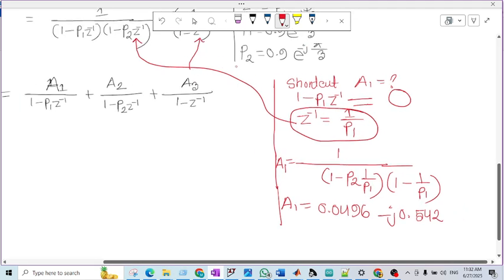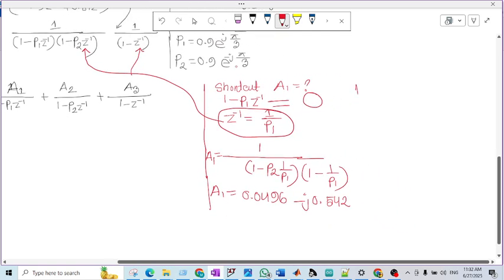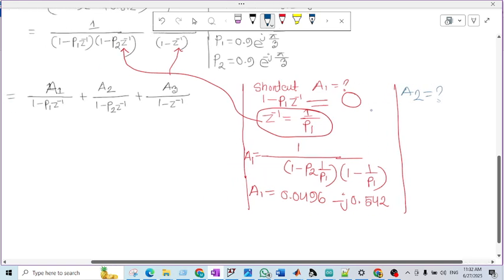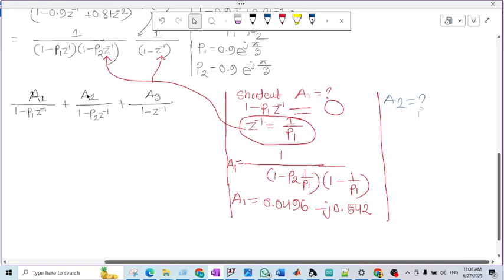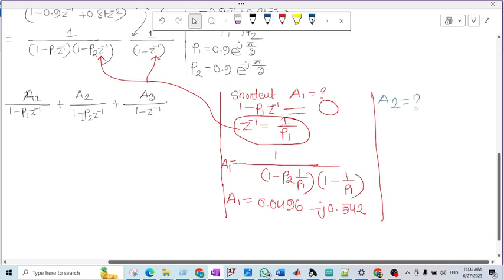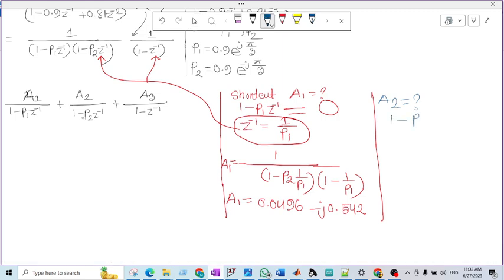Okay, you can do this to find a2. Let me tell that also. If you want to find a2, then what you will do, you will see that what is below a2, you have 1 minus p2 z inverse 1, and take this equal to 0, so you will get z inverse 1 is equal to 1 by p2.